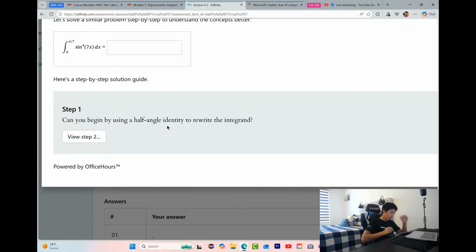So sine squared of 4x, what's that going to be? That's 1 minus cosine squared of 4x. All right, I hope I did it right.